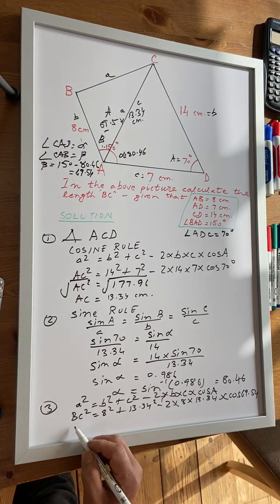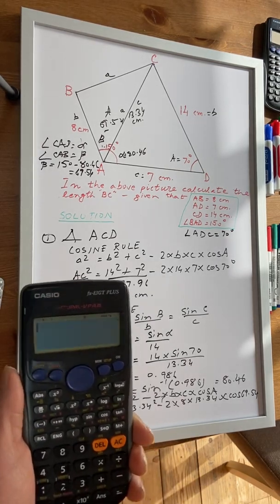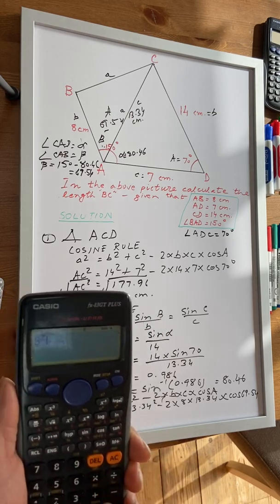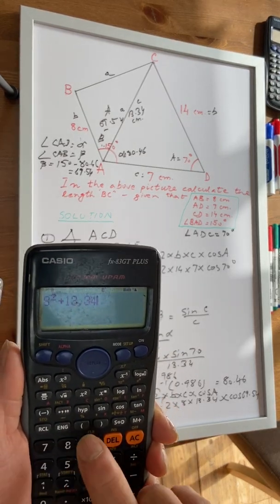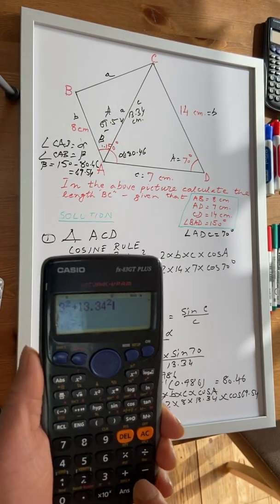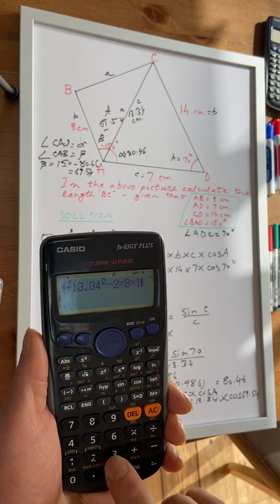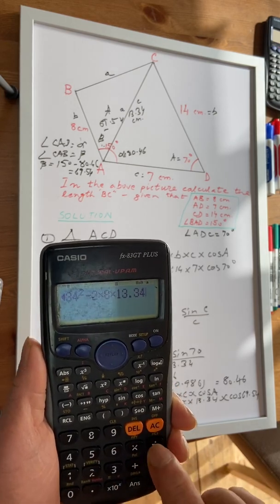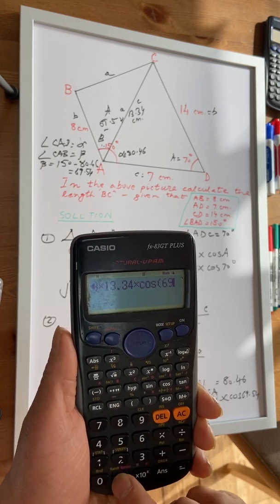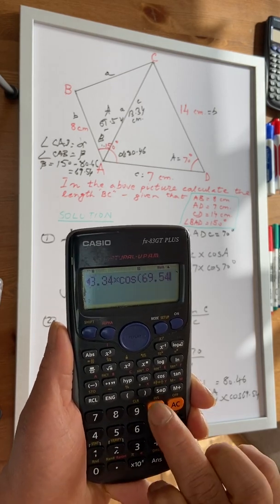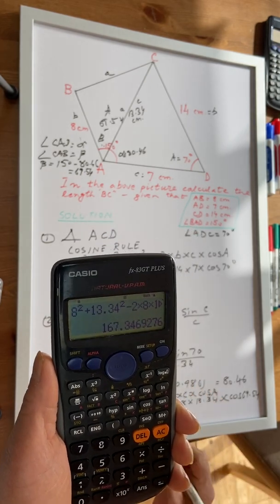So let's calculate BC square with our calculator. 8 square plus 13.34 square minus 2 times 8 times 13.34 times cos 69.54, and we get this value as 167.34.